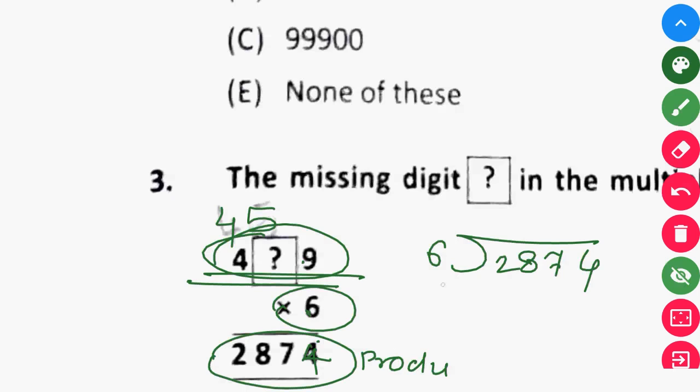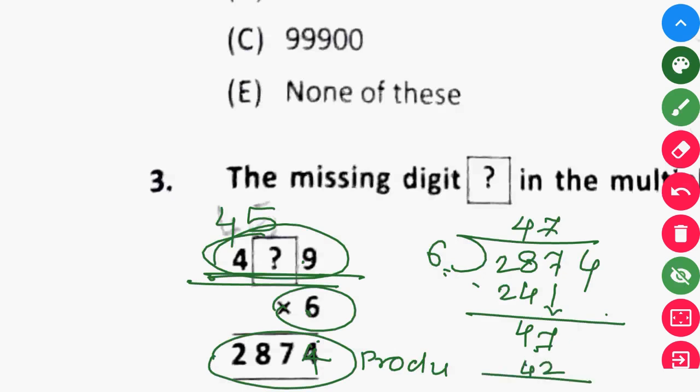Okay, so 2874 is divided by 6 to get our answer. 6 fours are 24, 4 will remain, 7 will come down, 6 sevens are 42, 5 will remain and 4 will come down, 6 nines are 54. So our number is 479. So the missing digit is 7.